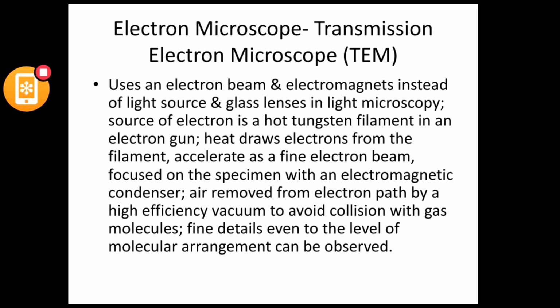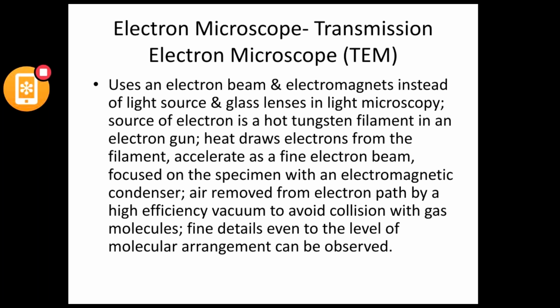TEM uses an electron beam to illuminate the object, and electromagnets instead of light source and glass lenses. In light microscopy we used glass lenses to focus the light on the object and obtain the magnified image, whereas in TEM we use an electron beam and electromagnets to illuminate the object and obtain a magnified image.